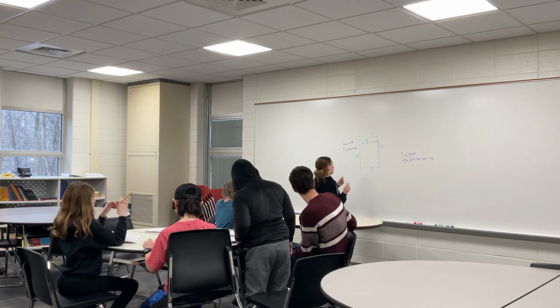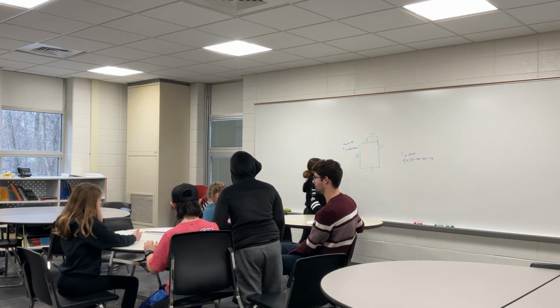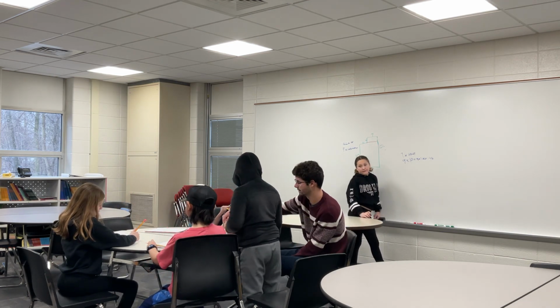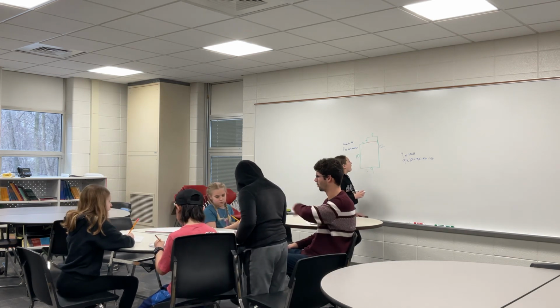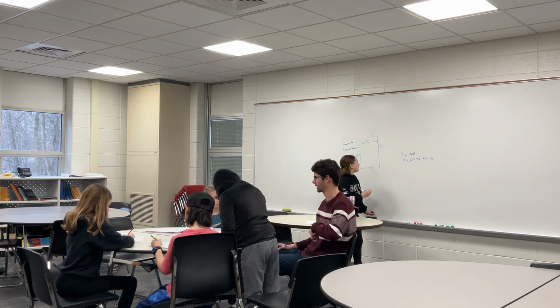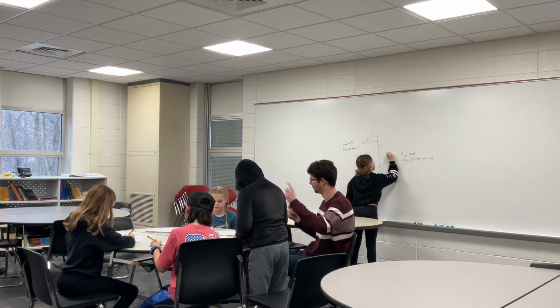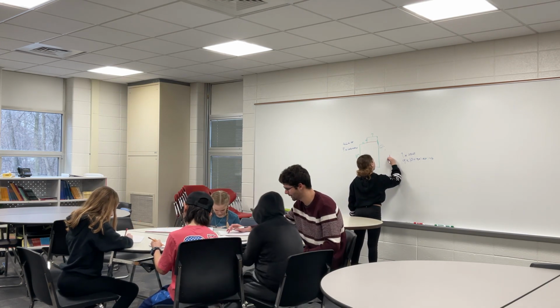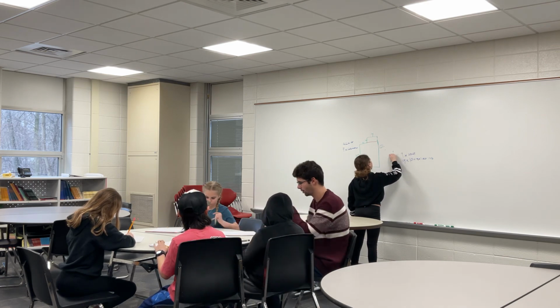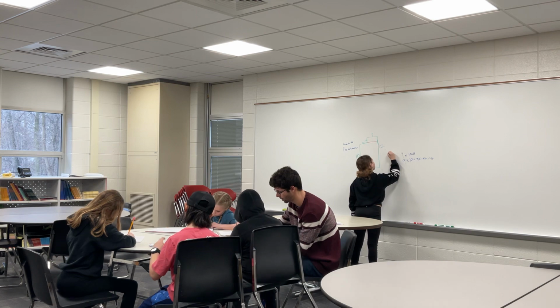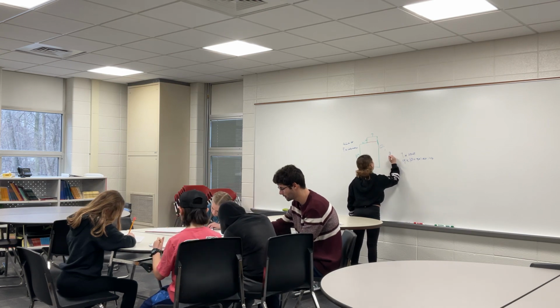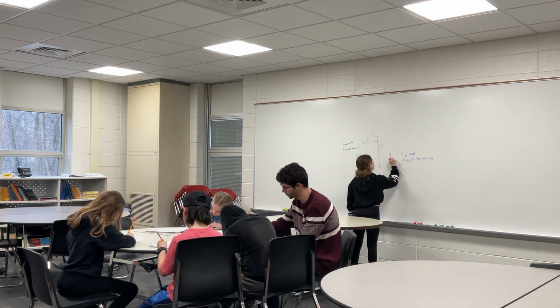For the perimeter, do you guys remember what my little trick was? I like to start at the top and then go clockwise all the way around. And what I do is I write them in order, so I know that I checked off every single one. So I don't have to keep flipping back and going, oh, did I get 2? Did I get 12? Did I get 10? I can just write them all in order. So for me, I'm going to go 7 plus 12 plus 9 plus 10 plus 2 plus 2.